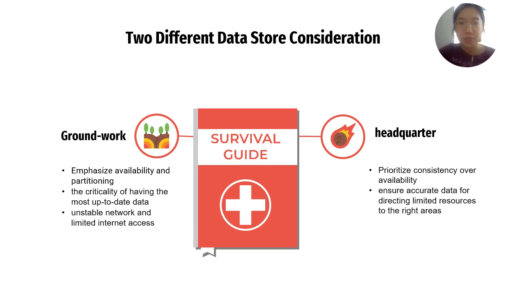Considering the disaster response, we would want to ensure availability and partitioning at the expense of consistency in the data. Due to the instability of the network within the affected area and limited internet access due to potential infrastructure damage, it is more critical to maintain the operations and coordination for the various micro teams to manage the area of operation.